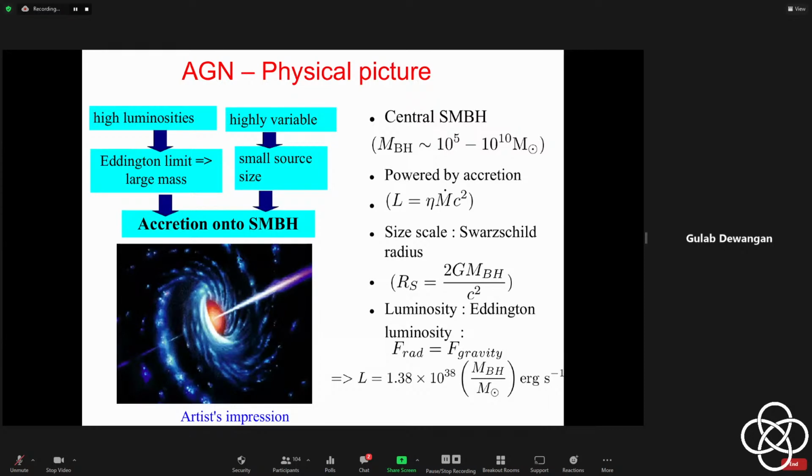The inner regions of the accretion disk can have a certain kind of instability that can drive change in the accretion rate. And if it is happening very close to the black hole where the X-ray emission arises, you can generate these flares.